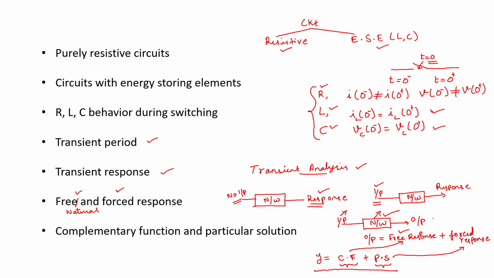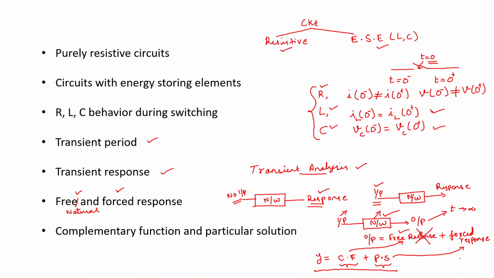We can also note that in this particular network, when time t tends to infinity, what will happen? When time t tends to infinity, this free response dies out, and we have only the forced response existing. This response will at that time be called the steady state response.